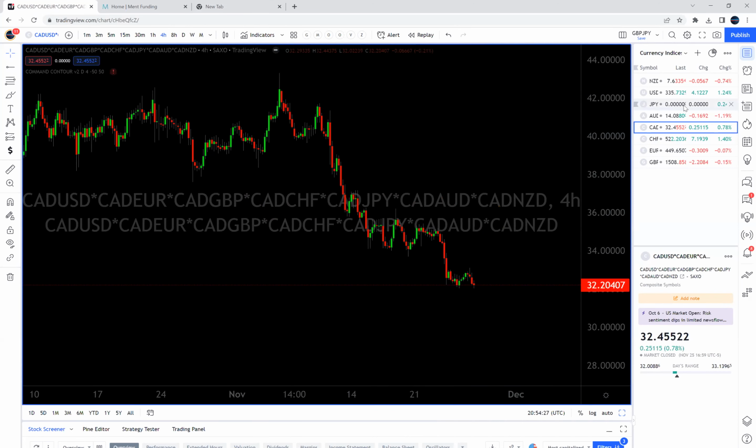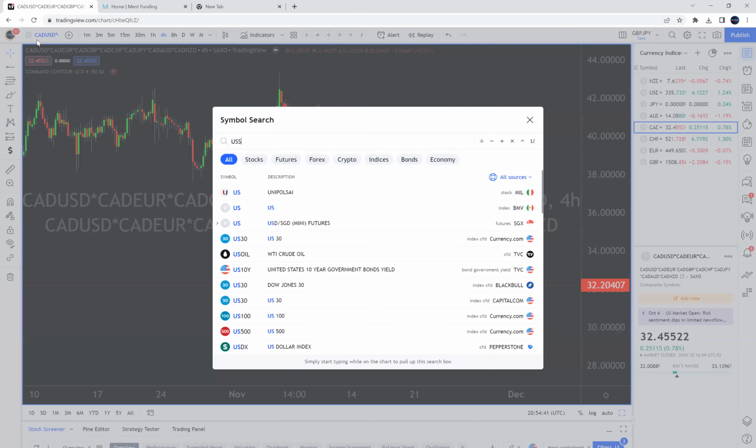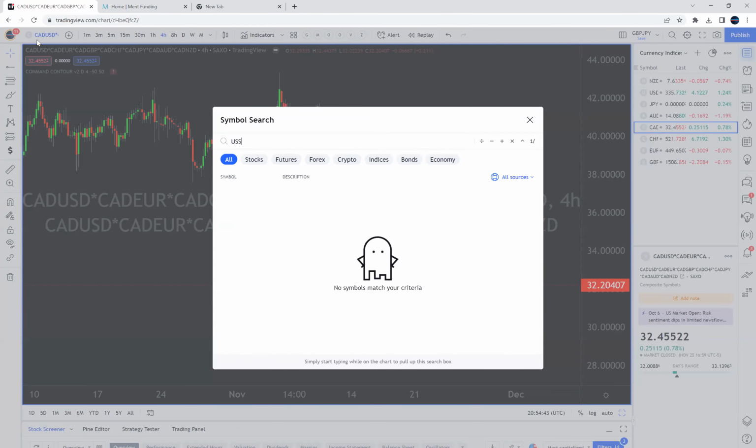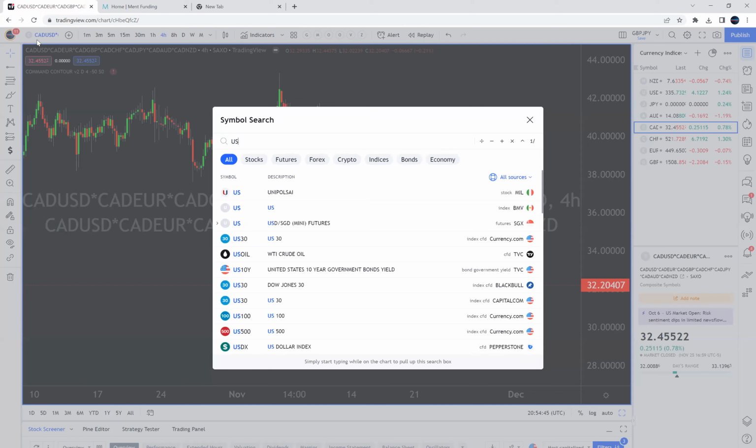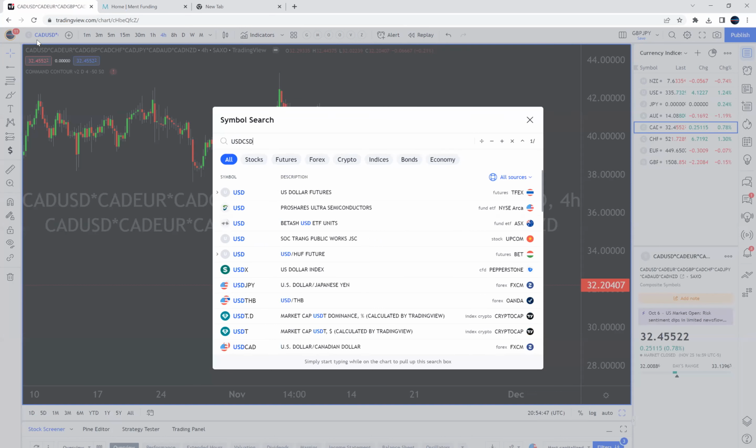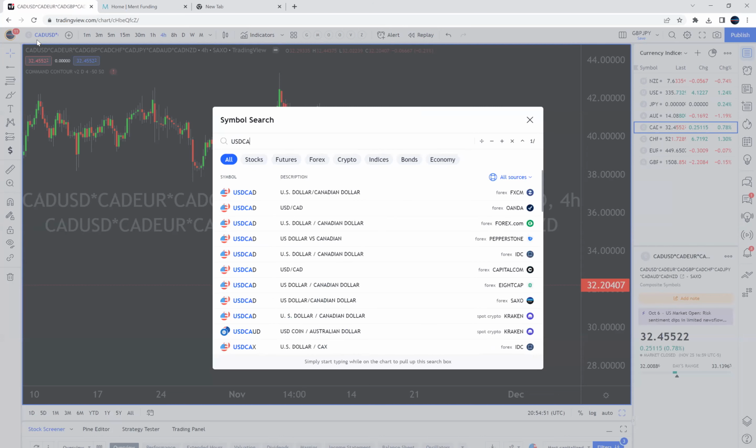This CAD has been falling, the US has been falling. So what do you think would happen with the USD CAD currency pair? Consolidation. Yeah, exactly, right? So we would know it doesn't make sense to even look at that trade.